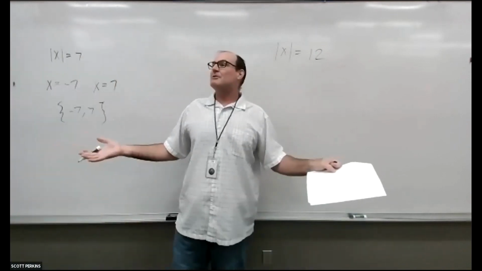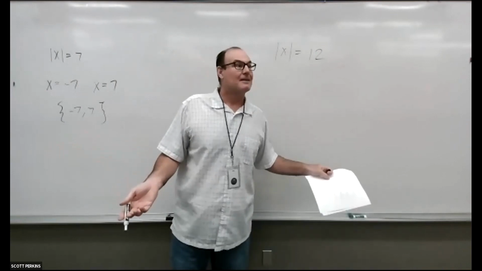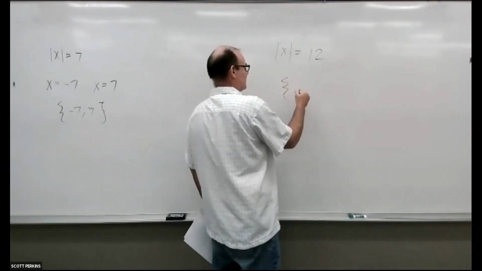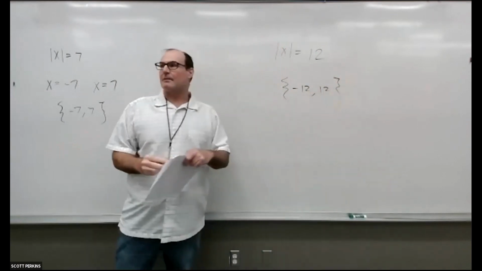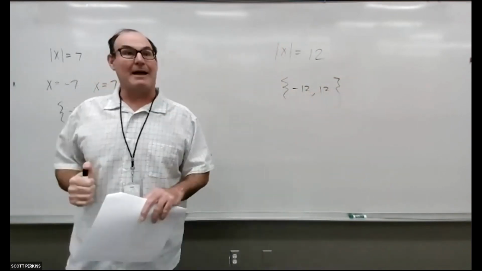And what 2 values give me 12? I'm not even going to write the x equals. I'm just going to write -12, 12. There's my solution set. So far, are we so good? We're doing all right.